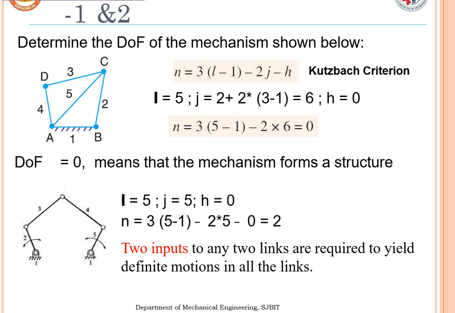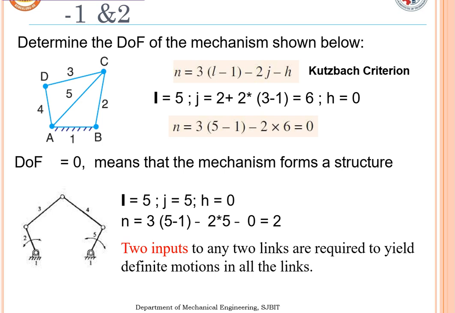Further, if you take another diagram where it has rotations with respect to two fixed joints, here 2 and 5 give rotation with respect to the constraint and with respect to joint 1.